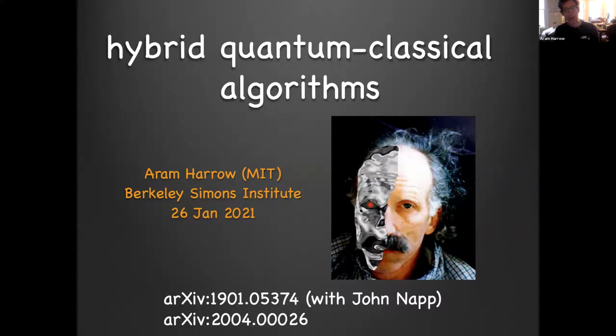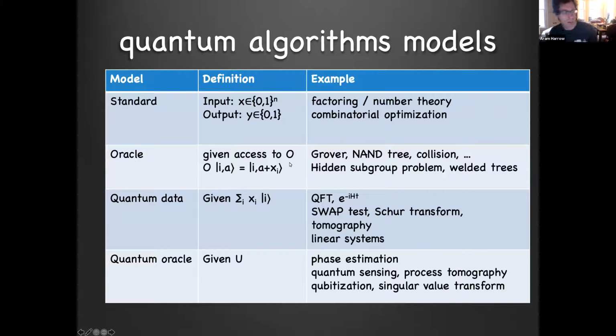So I want to tell you about a little bit of work I've done about how quantum and classical computers can work together to solve problems. And this partly was motivated by my thoughts about how many quantum algorithms are designed with input models that are not always the most directly related to problems.